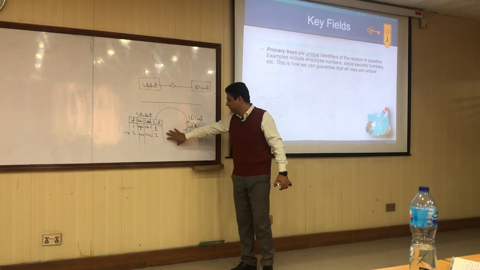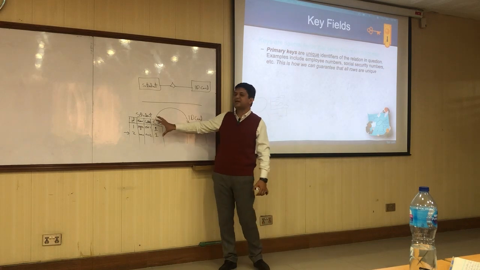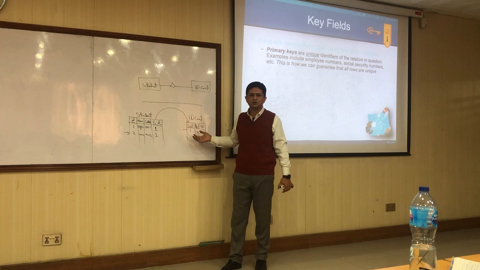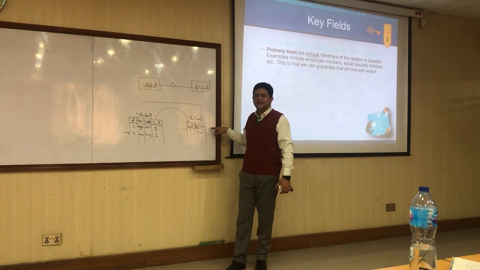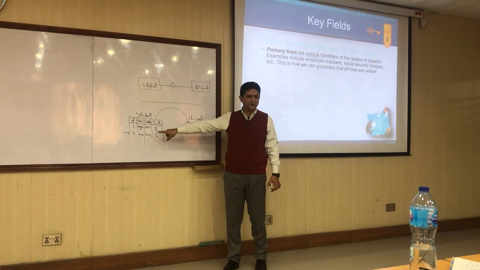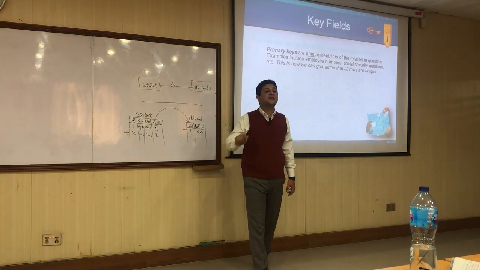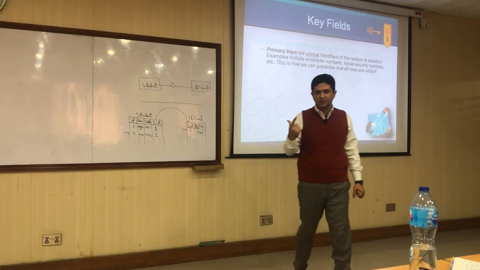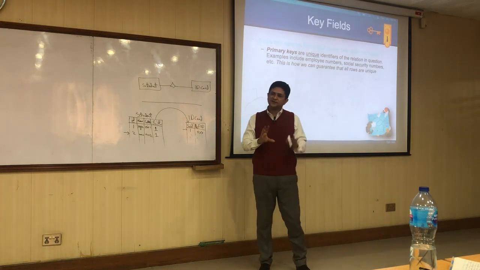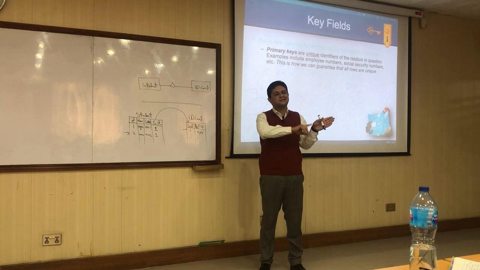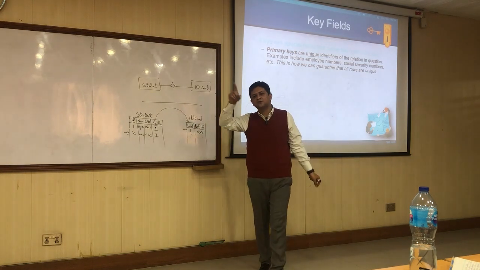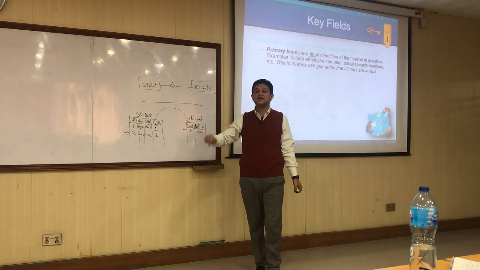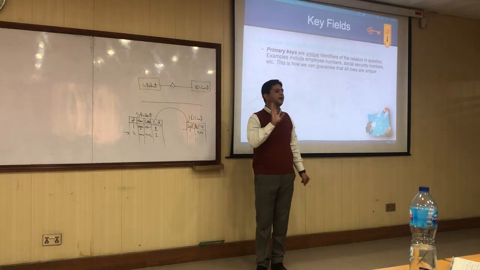Now whenever a foreign key is created in a relation and that foreign key references a primary key, the relation whose primary key is referenced is referred to as the parent relation in that particular relationship.